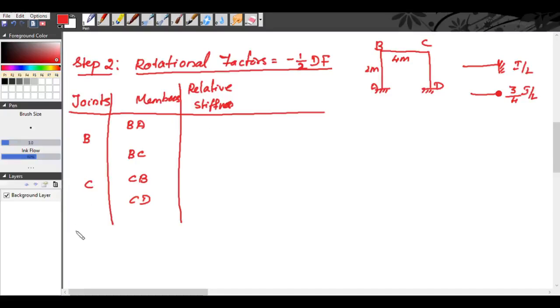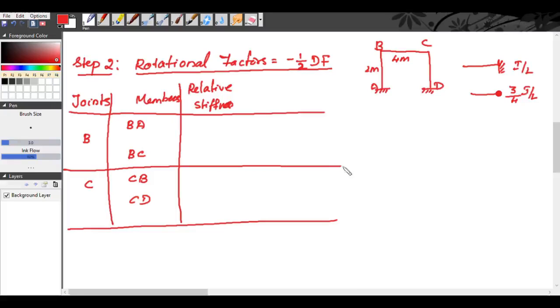So for BA, the relative stiffness is I by L, so I by 2. For BC, the relative stiffness is I by L, here it is I by 4. For CB, all the intermediate supports should be assumed as fixed, so I by L. For CB, it is I by 4.